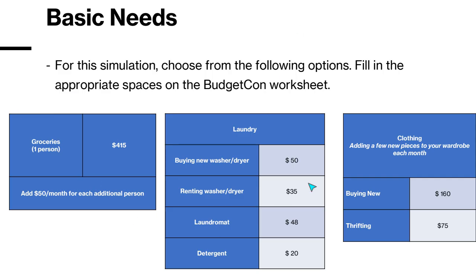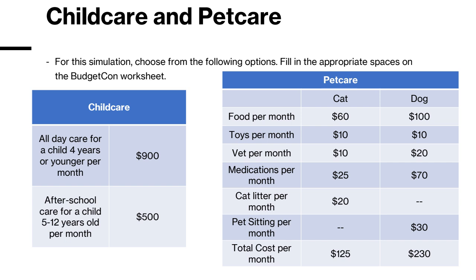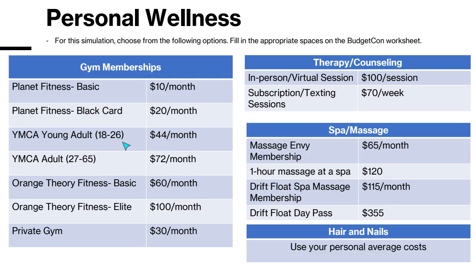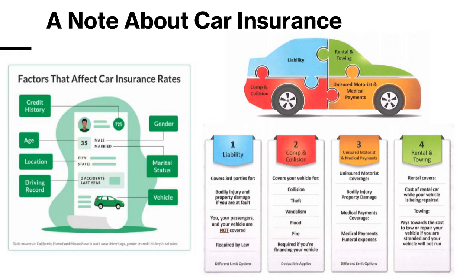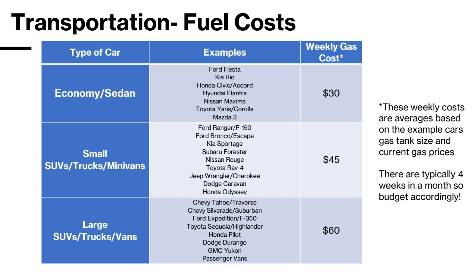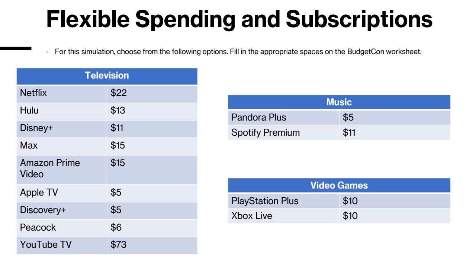Your basic needs, child care and pet care, depending on if you're going to have children or pets, personal wellness, right? Transportation, all right? Car insurance, fuel cost for transportation, all right?